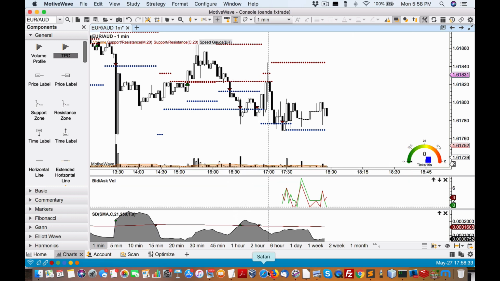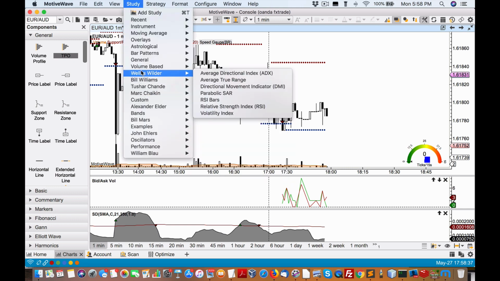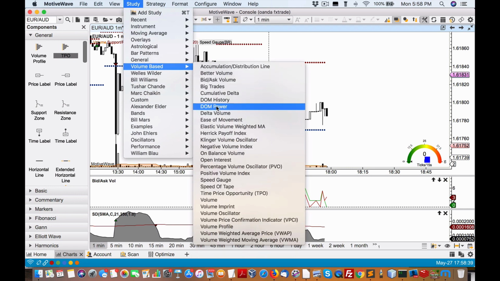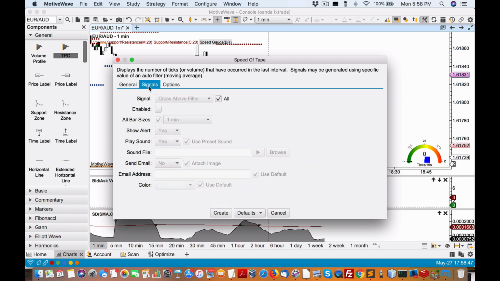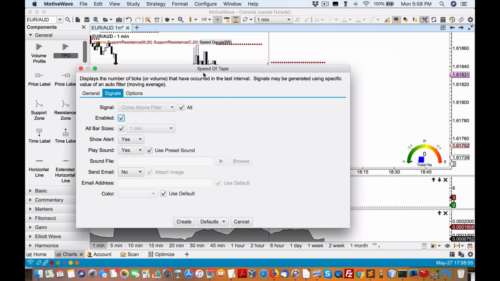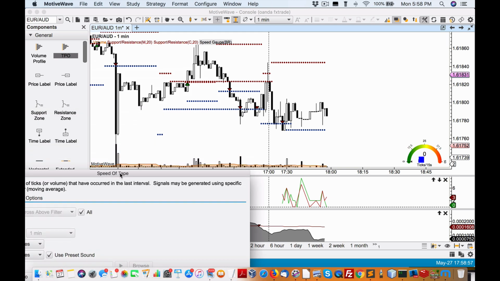Let me try another one. So what was it called? Volume based, volume profile, speed of tape. So we have signals. So we could put a signal, enable it, and then, oh, ticks hit, let's see what's going on here.